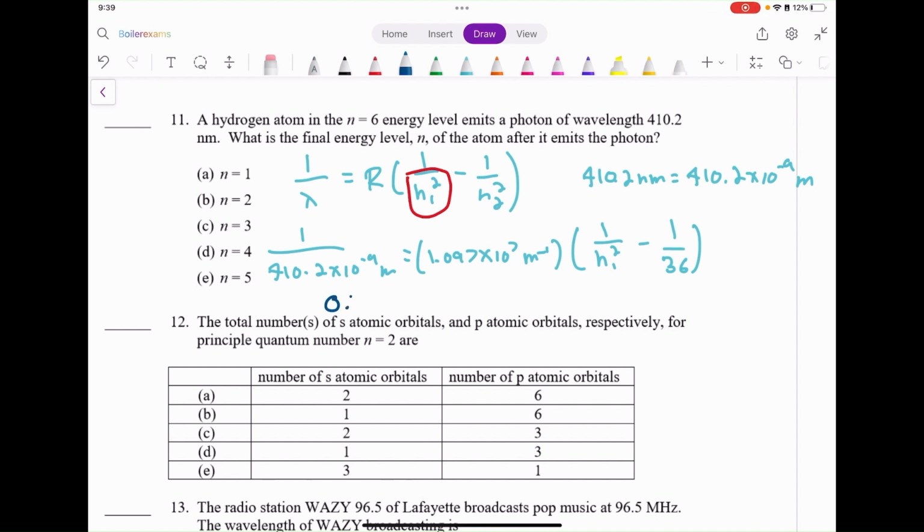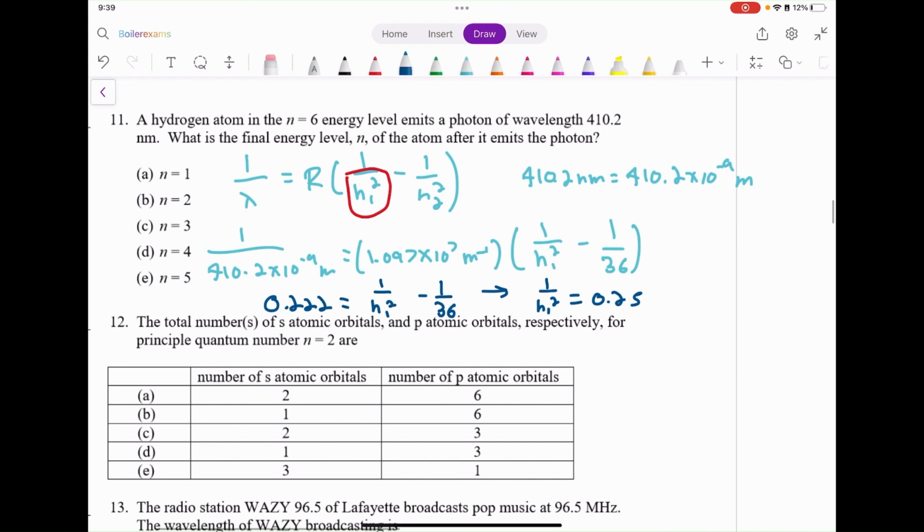I get that 0.222 equals 1 over n1 squared minus 1 over 36. Let's take the 0.222 and add on 1 divided by 36. So I get 1 over n1 squared equals 0.25.